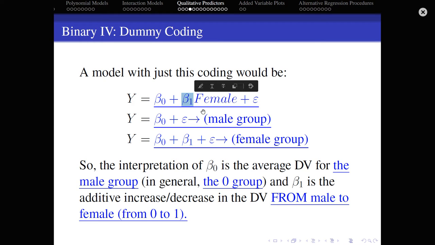Consider if beta 1 was 0, then females and males would be the same. The change in DV from male to female, if that's 0, means that males and females aren't particularly different. So the test of beta 1 indicates, is this coded variable important?